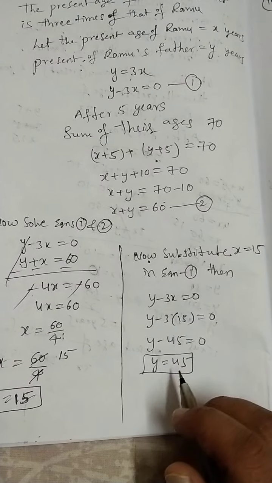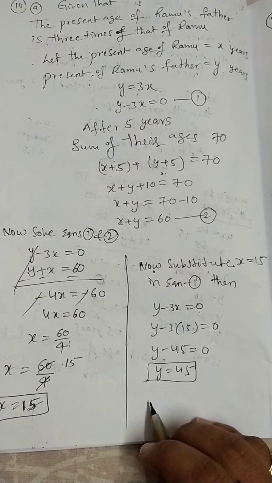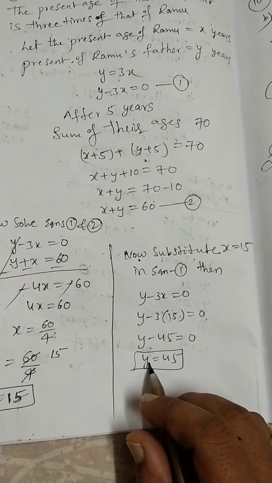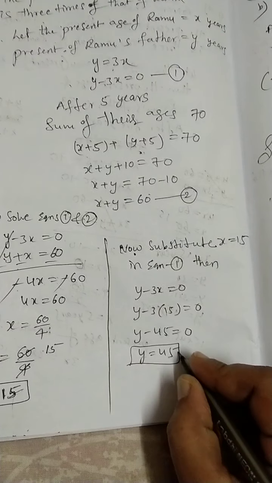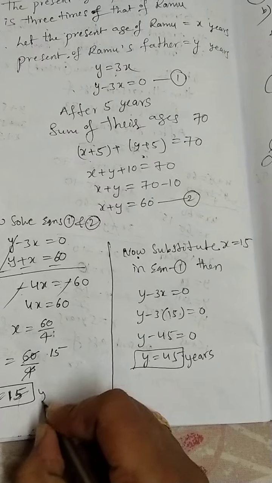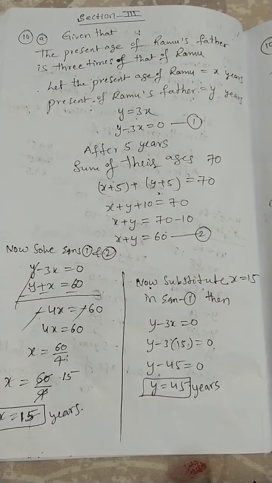Therefore we can say that the present age of Ramu is 15 years, the present age of Ramu's father is 45 years. Don't forget to write years, units are compulsory. This is the solution of the 10th A question.